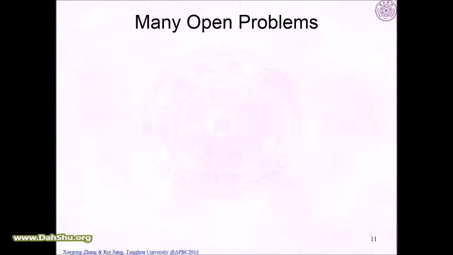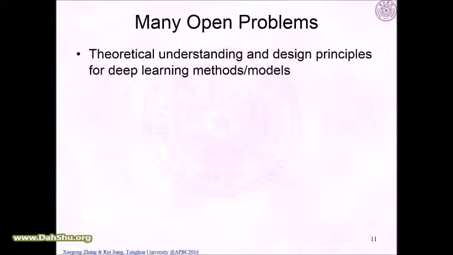And there are many challenges, as you have asked. The theoretical understanding and the design principles of deep learning, and also of other methods, are still lacking. Many of them are based on heuristics and trial and error.